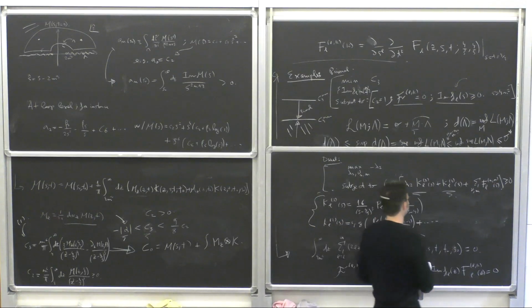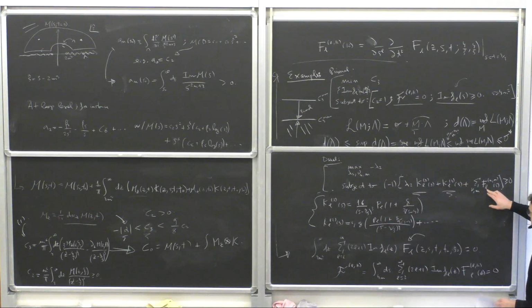And remember, it's important, these FL n,m's are simply derivatives of this kernel, evaluated at the crossing symmetric point, okay?